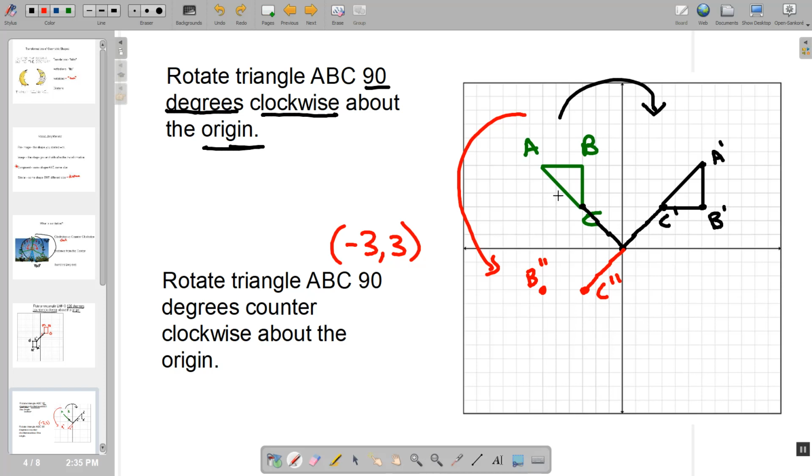Now A to C has to make a diagonal, so that means A has to be down here somewhere, and 1, 2, 3 units away from B, 1, 2, 3, so our A double prime is going to be down here 3 units away.